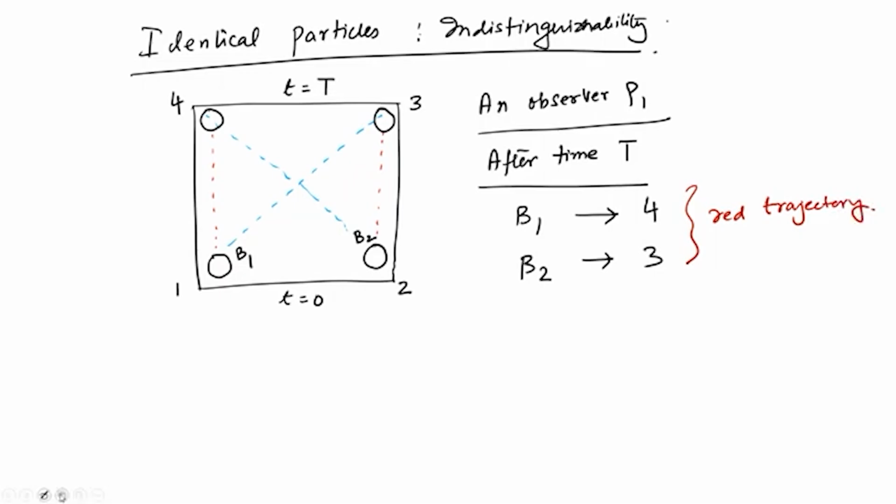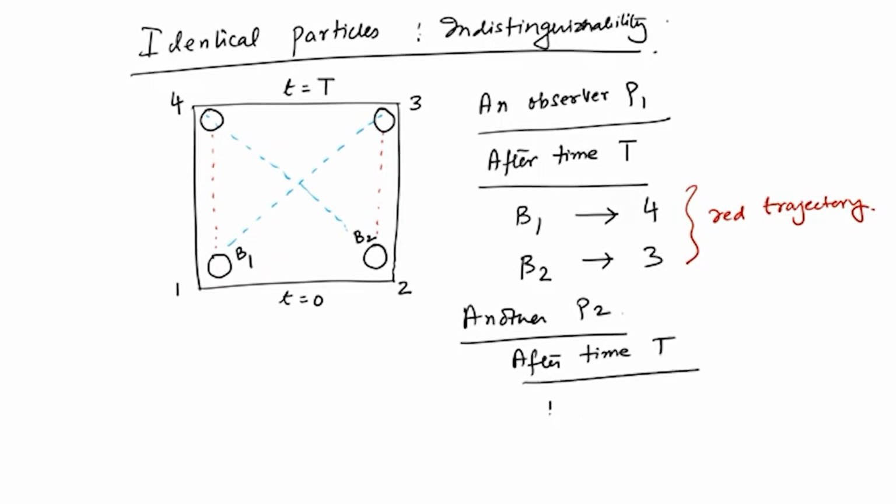Another observer P2 also takes data, after some player has come and hit the ball, and he predicts that B1 goes to 3 and B2 goes to 4.